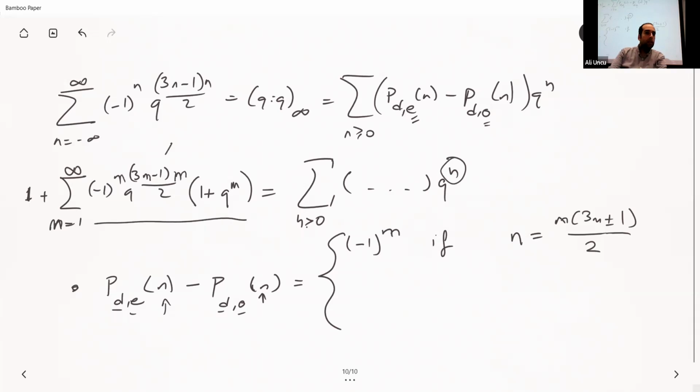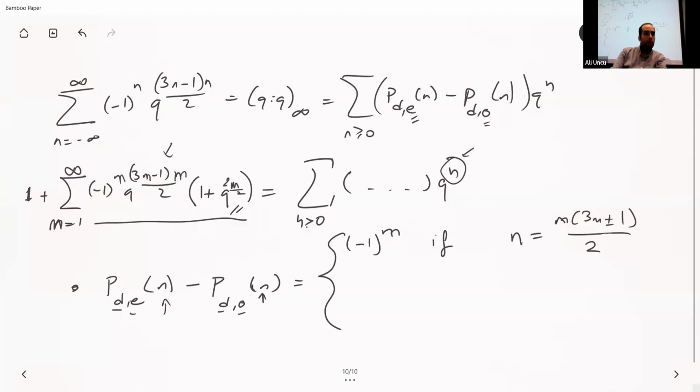You need to have your q to the m(3m minus 1)/2 to be exactly n. Either n is equal to m(3m minus 1)/2, then you get the weight (-1)^m. Or your n needs to be m(3m plus 1)/2. That plus m makes it (-1)^{m+1}. You see this 3m squared minus m over 2. This is 2m over 2, right?